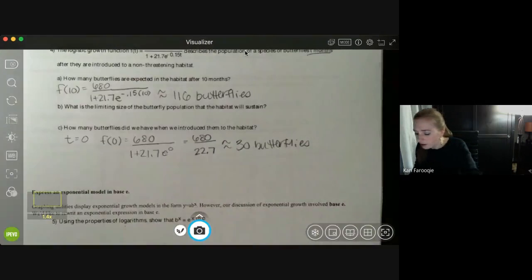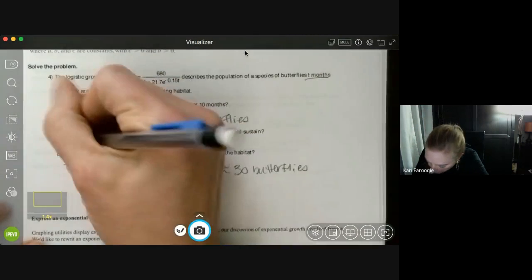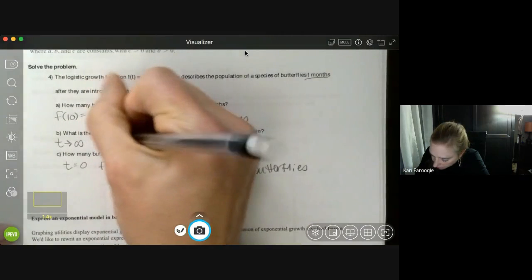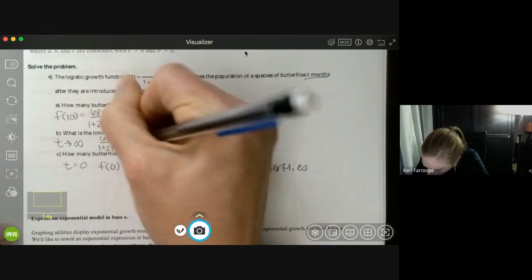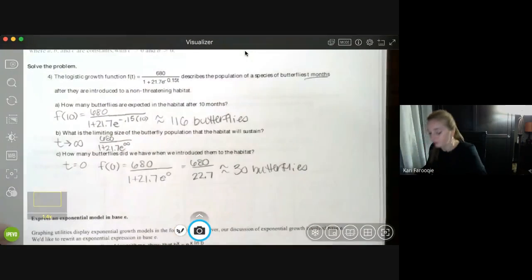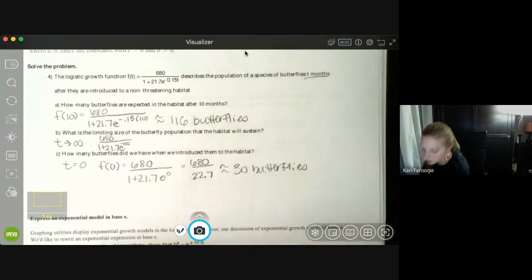Now, depending on what kind of math you've had in the past, you might have looked at what happens as the value of t approaches infinity. And you would have said, all right, well, it must be the case then that 680 divided by 1 plus 21.7 e to the, let's say, infinity, or it'd be negative infinity, sorry, because we have a negative there.